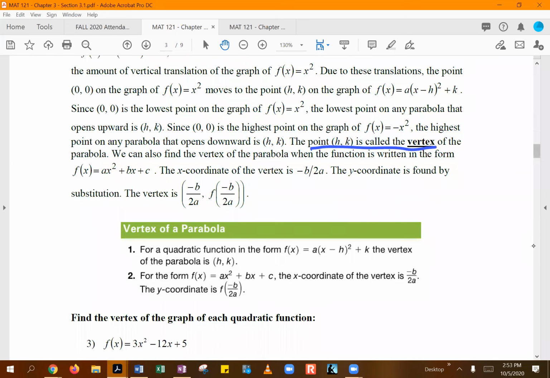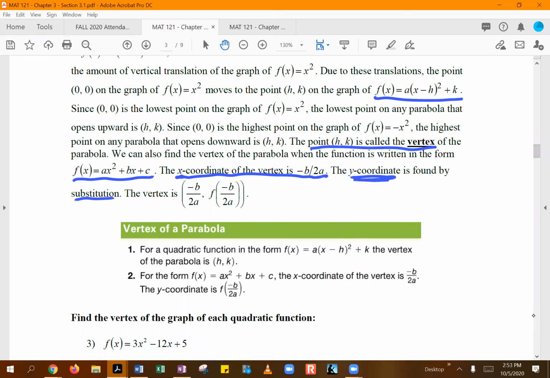However, if your equation is not given to you in the transformation form, but is given in the standard form, then you actually have to use this little formula over here. This helps us find the x coordinate for our vertex. You can think of that as being our h value. So negative b over 2a will help you come up with the x coordinate. And then for the y coordinate, you basically use substitution.